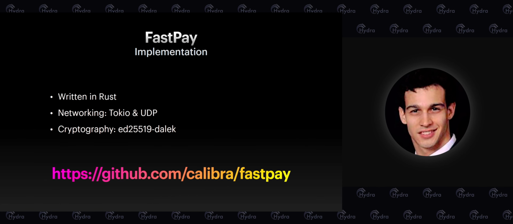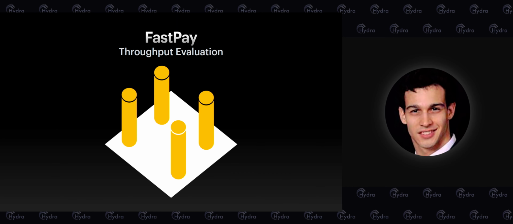So we implemented that system in Rust using networking, and we use Dalek as cryptographic library. So for the throughput evaluation, we used one AWS machine with multiple processes to emulate multiple backends from the same authority.